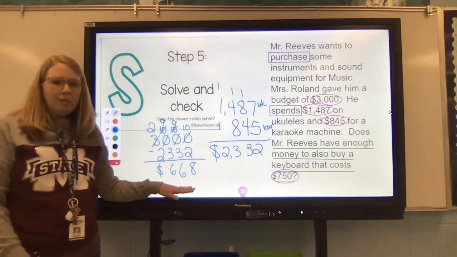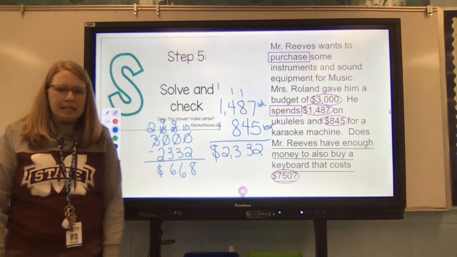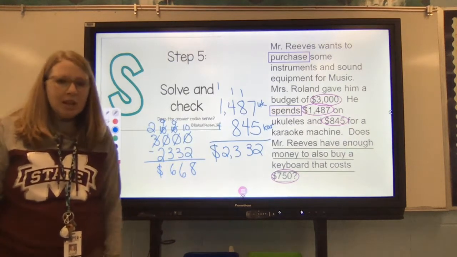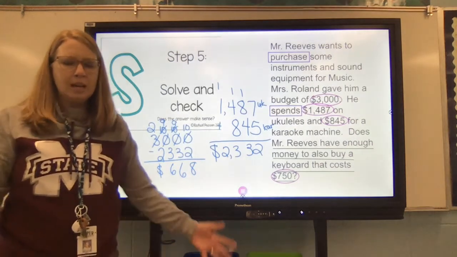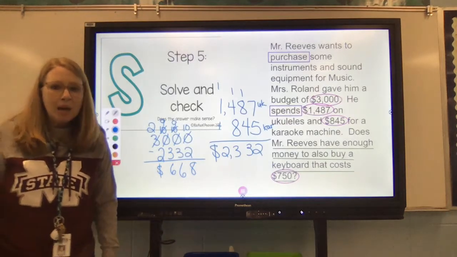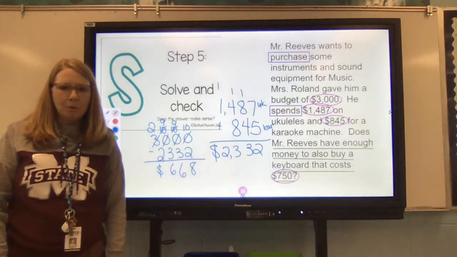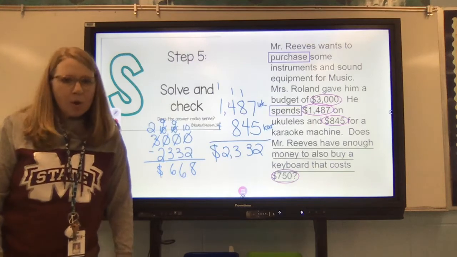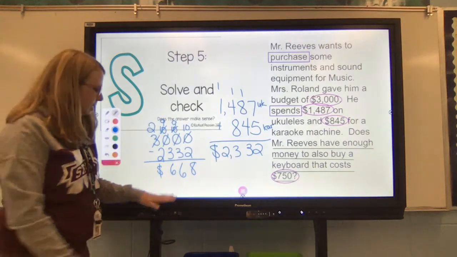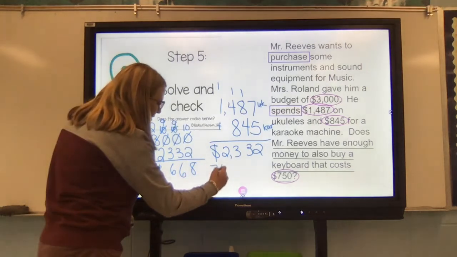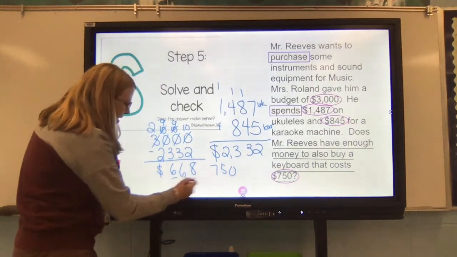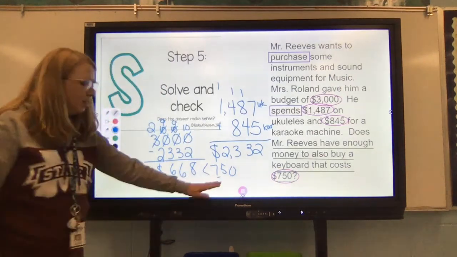So Mr. Reeves has only $668 left in order to purchase a keyboard. Is that enough money for him to purchase the keyboard? No. When I compare 668 to 750, I can see that 750 is more.